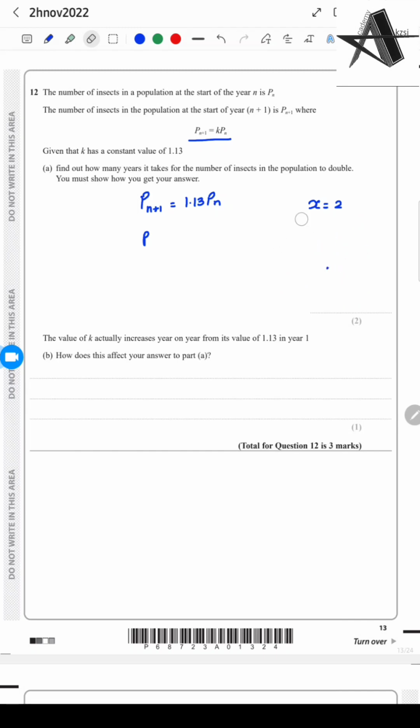Similarly, I can say that every year the population is increasing by 13%, because previously it was Pn and now it's Pn plus 1. So when it's Pn plus 1, it's 1.13 of Pn. That means it's 13% more than Pn. That's the increment.